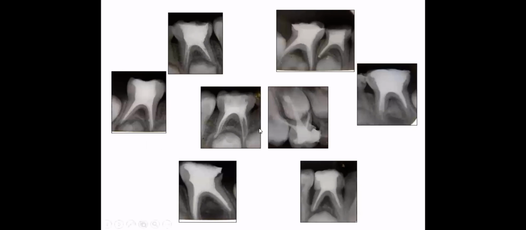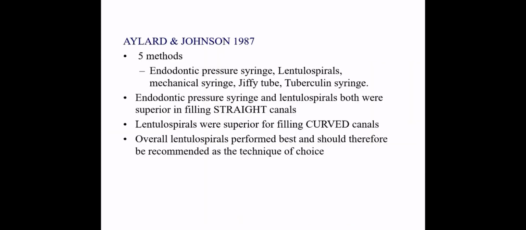So you can see here, this is unfilled, this is unfilled, this is underfilled, this is overfilled, this is optimal, this is also optimal, this is underfilled, this is also underfilled. I'm showing the different types of radiographs so that you will have an idea how a tooth looks after obturation.